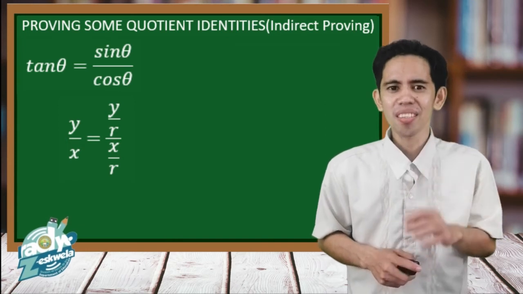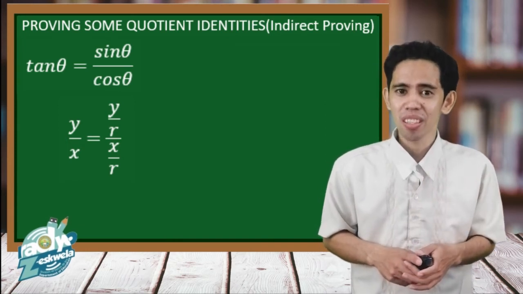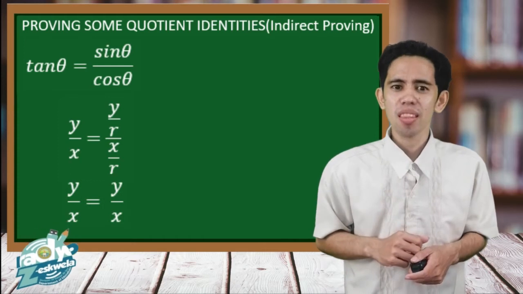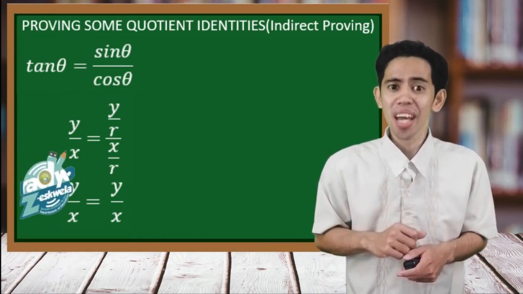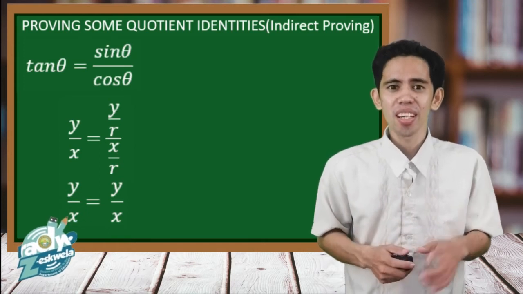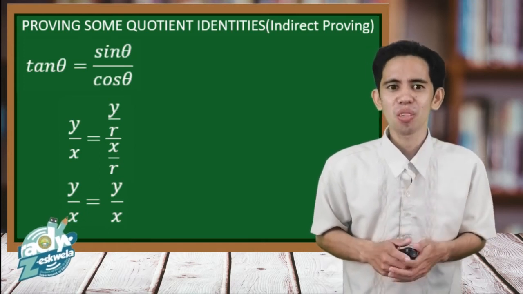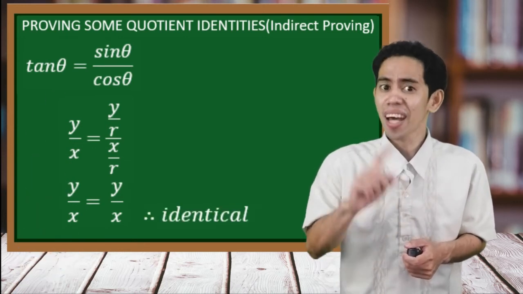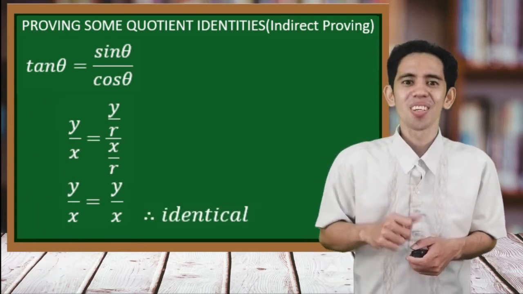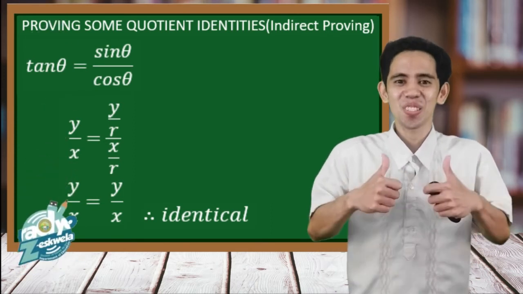So by simplifying the right side of the equation, we come up with y over x is equal to y over x. Therefore, tangent theta is equal to sine theta over cosine theta is an identity. You're doing good. That is great.